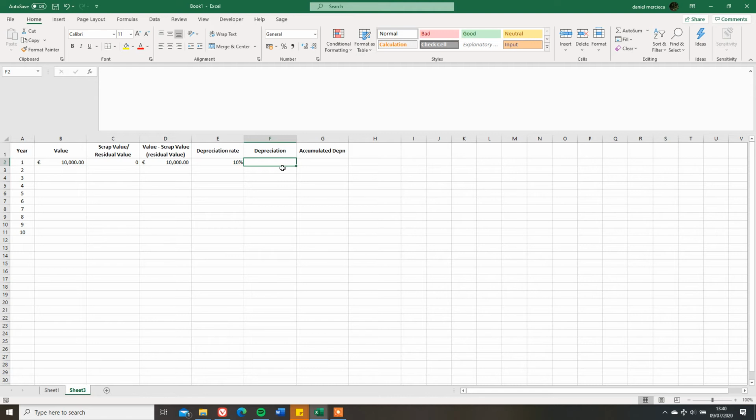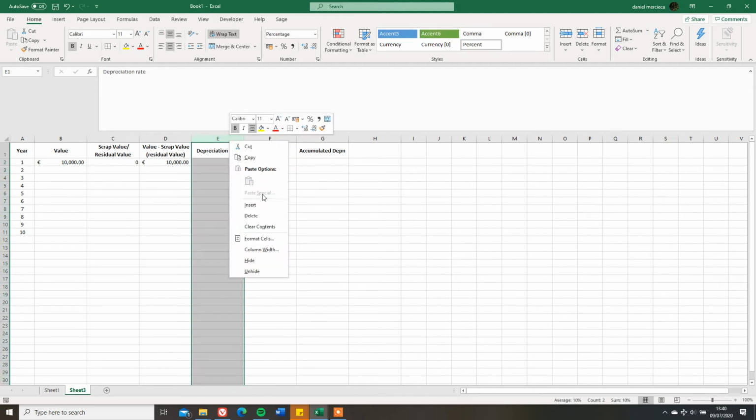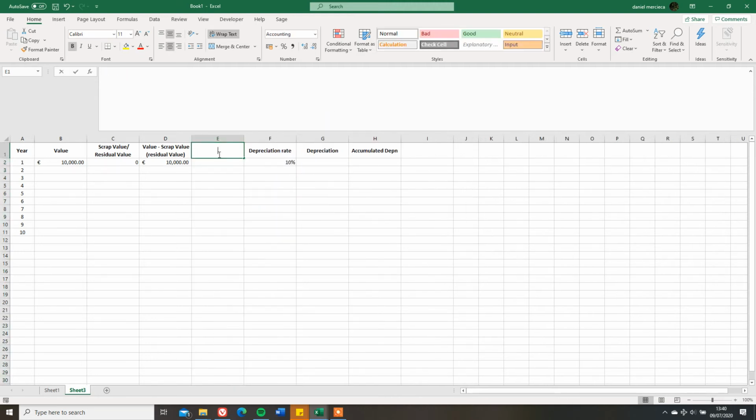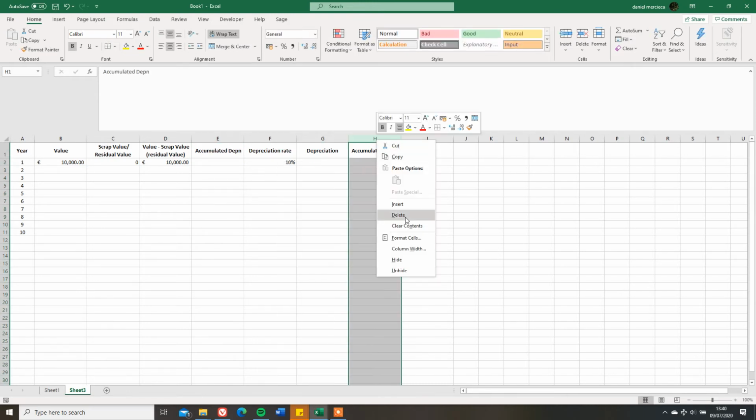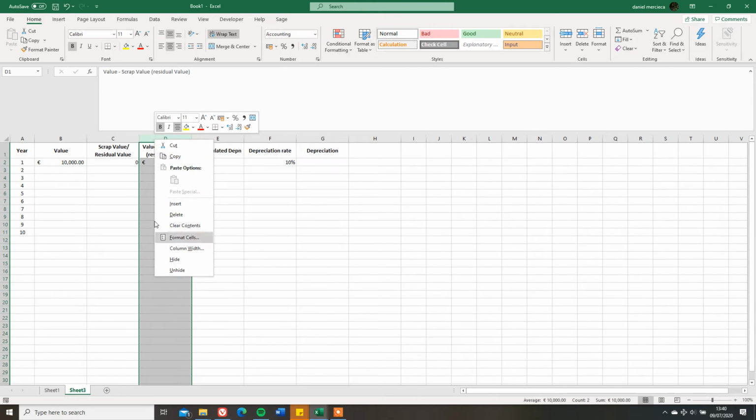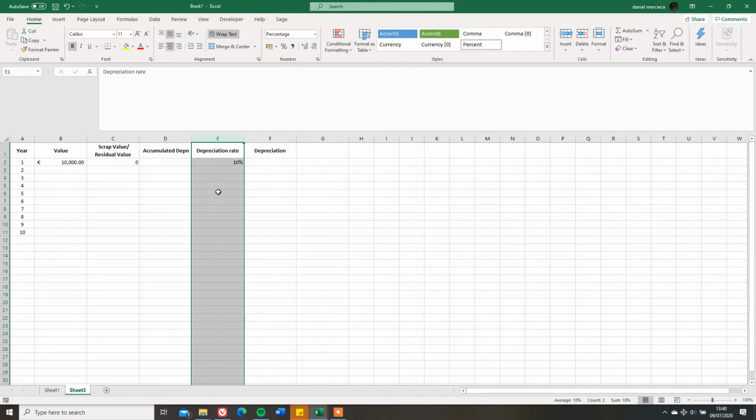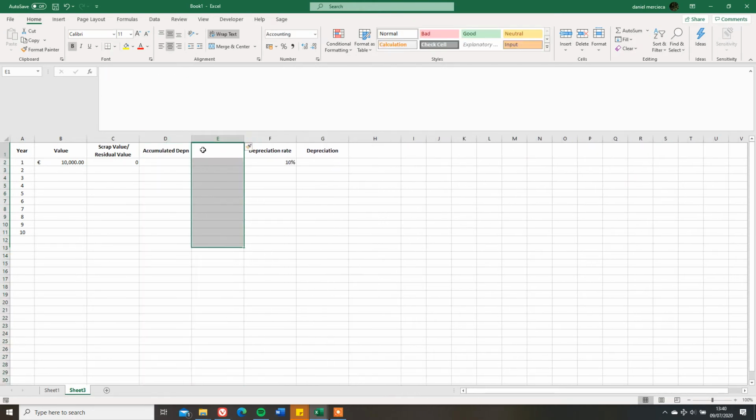So the method of working will be changing. So here we have to introduce another column, accumulated depreciation. And we would have to remove this from there, this from here, and this is the RBN value.